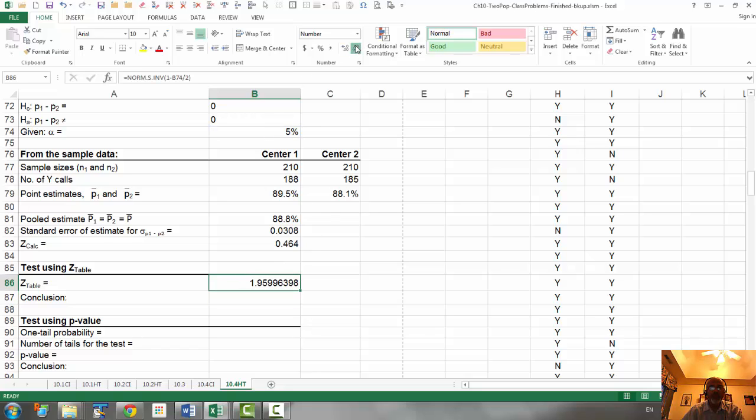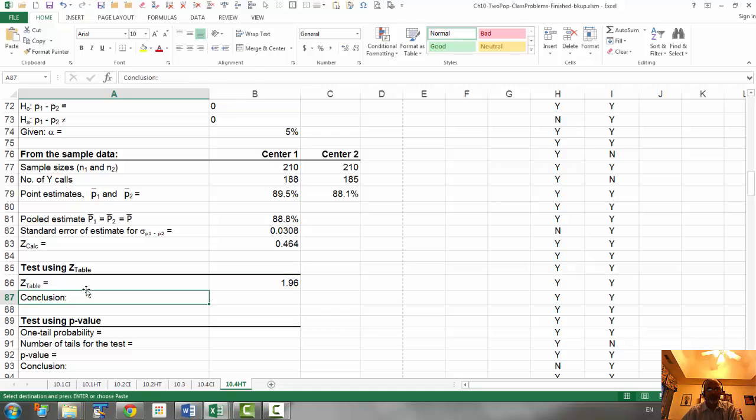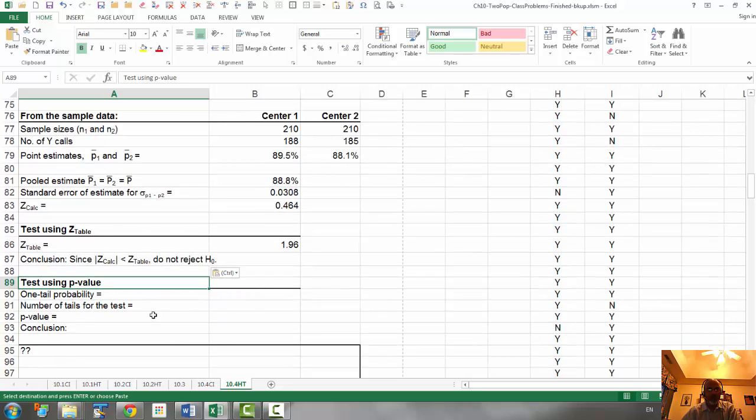And this table value is large, so Z calc is less than Z table value, so we cannot reject the null hypothesis. And since this is a two-tailed test, we should really say the absolute value of the Z calc, because it could have been a negative Z value.